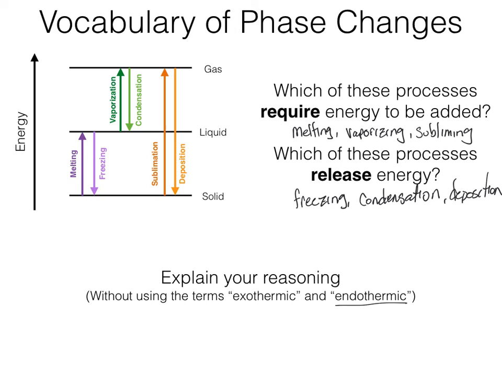The opposite processes are a little bit less apparent in our everyday lives, but these are processes that go from a higher energy state to a lower energy state, which means that energy has to be released in order for that process to happen, or it's an exothermic process.